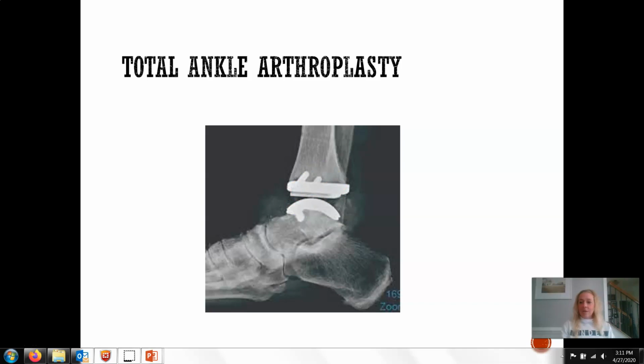The implant designs are improving, so we might start to see some increasing popularity of this surgery. But the main goal of a total ankle arthroplasty is going to be to decrease pain and still allow for some mobility at the ankle. The patient will need to have intact ankle ligaments in order for this surgery to be successful.